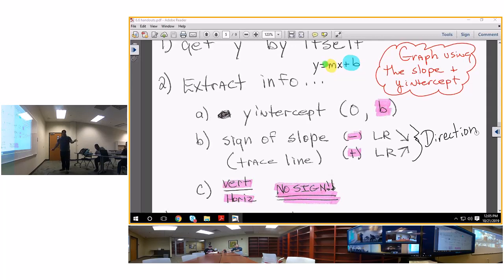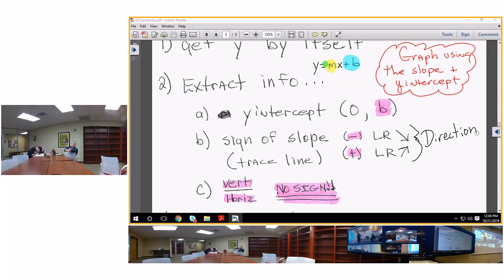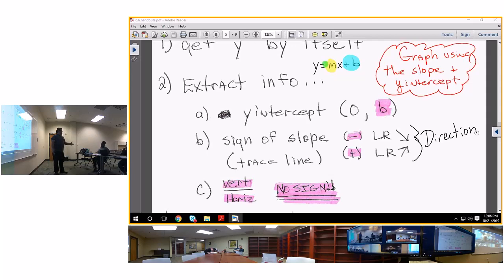Preposition. Meaning below, above, behind. If you have negative $100 in the bank, that's below zero. If you're a football player and you make positive 5 yards, that's past the line of scrimmage. Negative 5 yards is behind the line of scrimmage.